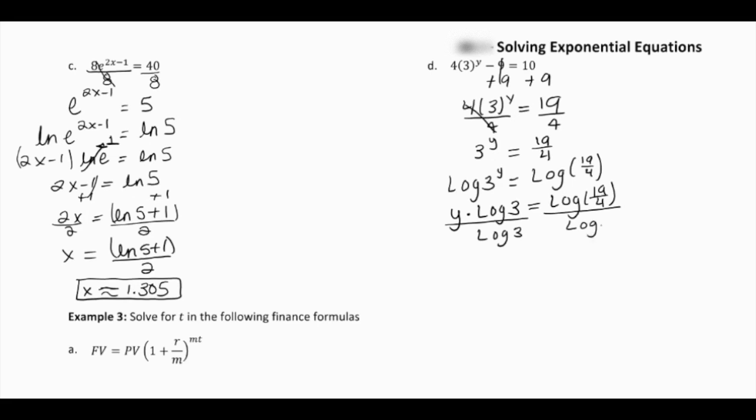So we have y equals the log of 19 over 4, over the log of 3. Once we plug that in the calculator, that's going to be approximately 1.418.